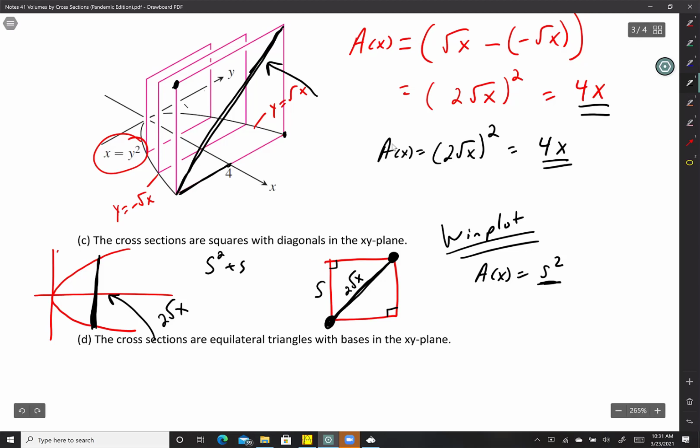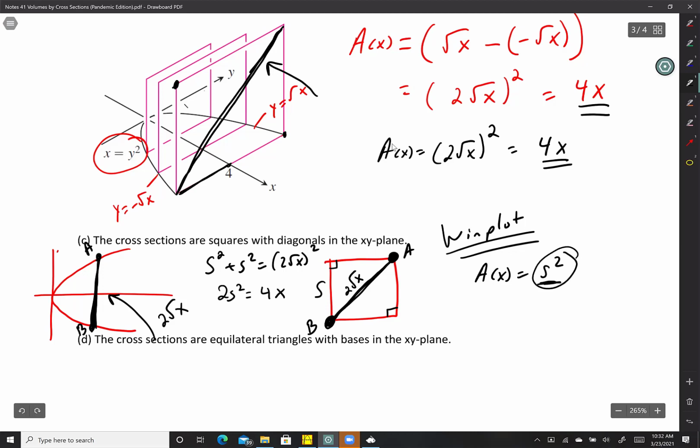s squared plus s squared equals (2 square root of x) squared. I'm just doing a squared plus b squared equals c squared. This point right here, I'm going to call that A, and this point B. A squared plus b squared equals c squared. 2s squared equals 4x.